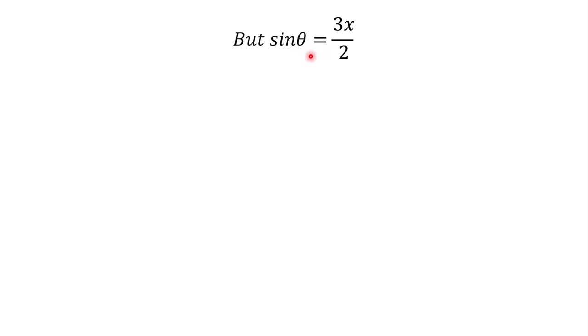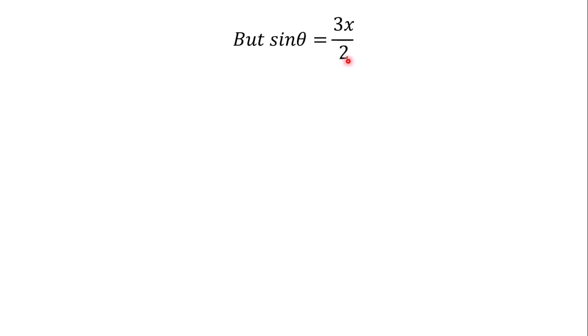So when we take sine inverse of this one, it will give us theta. And when we take sine inverse of this one, it will give us sine inverse of 3x over 2. So theta is equal to sine inverse of 3x over 2. But what is the answer that we had?